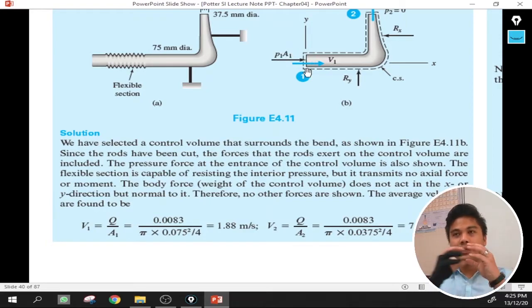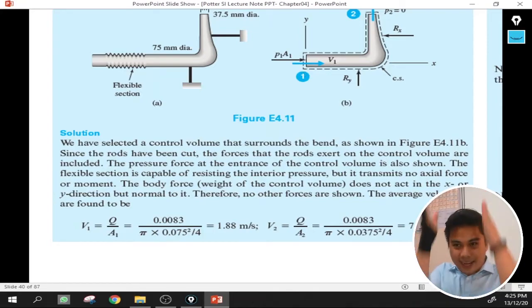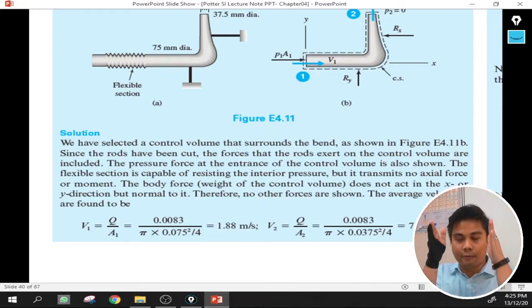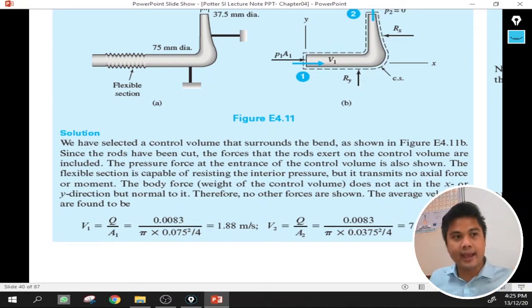That means there is the flow. Suddenly you cut the flow to form the cross section, and automatically there is a counter force of the flow. We call this the force that is exerted on the control volume.